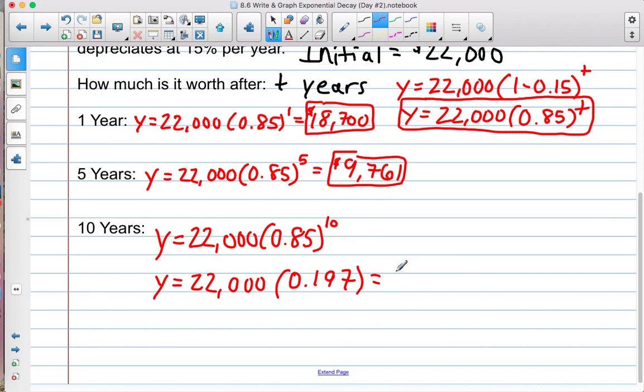After 10 years, it's worth $4,334. This might be something that a person might want to know because maybe after a certain amount of time they might want to upgrade to a new car, and so you need to pay a down payment for a new car so that your loan rate isn't as high.